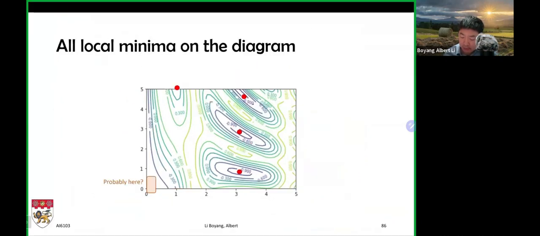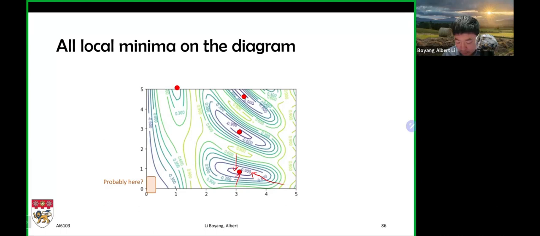Okay. So I'm trying to put a red dot on all the local minima on this diagram, and they are kind of here, right? Because the function values decrease this way and this way and this way. So there's going to be some local minimum there. I don't know exactly where, but I think the red dot is roughly where things are, right?